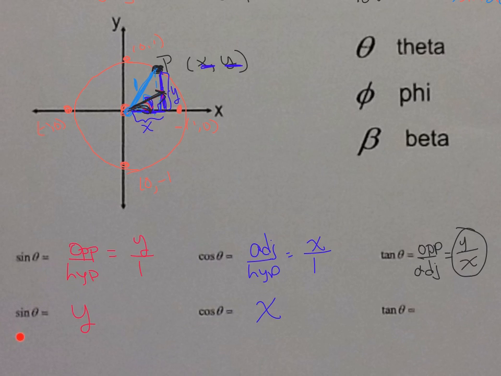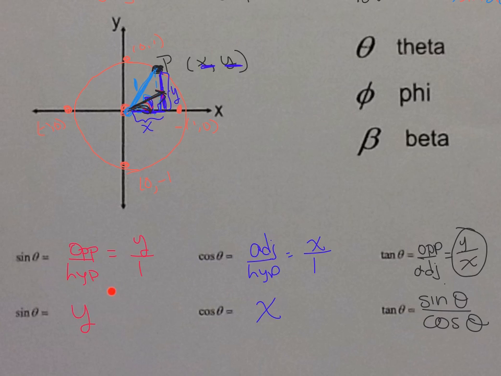Remember, y is equal to sine, and x is equal to cosine. So therefore tangent is equal to sine theta over cosine theta. So this here is an identity. You have to know that identity. You have to know that tangent is equal to sine over cosine.